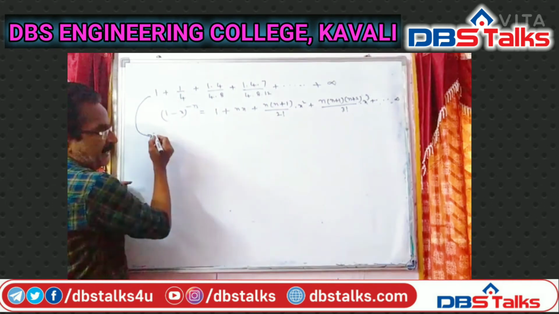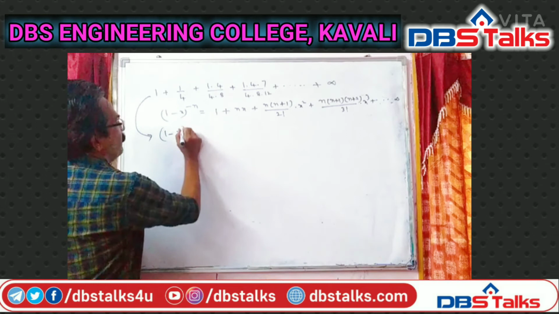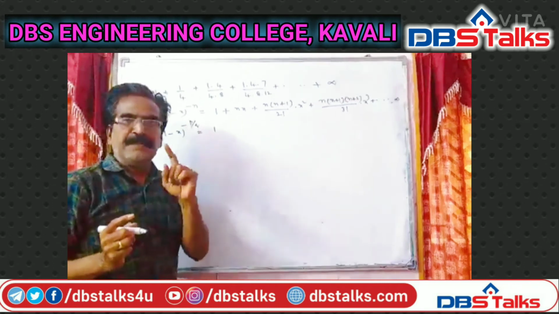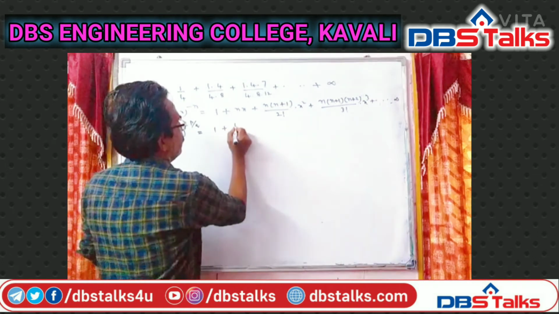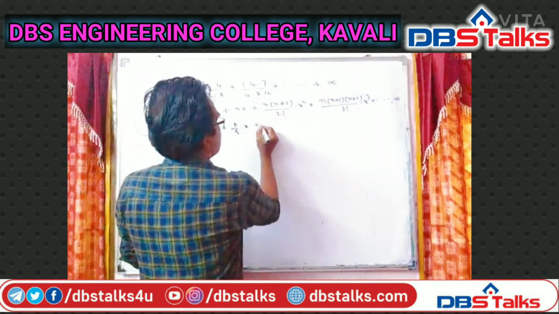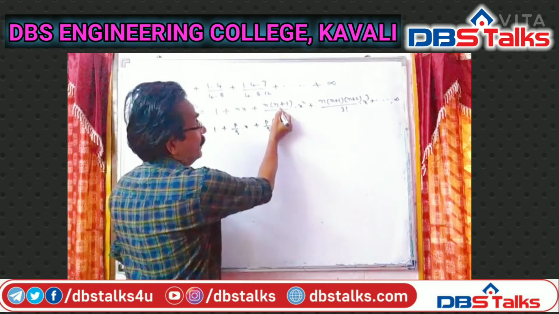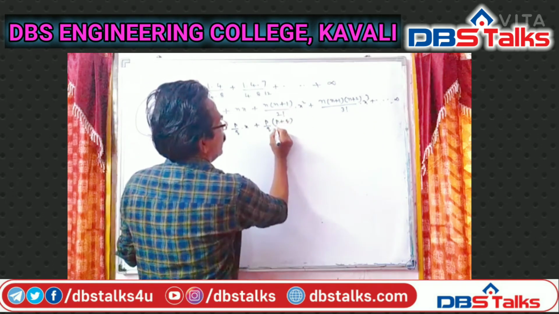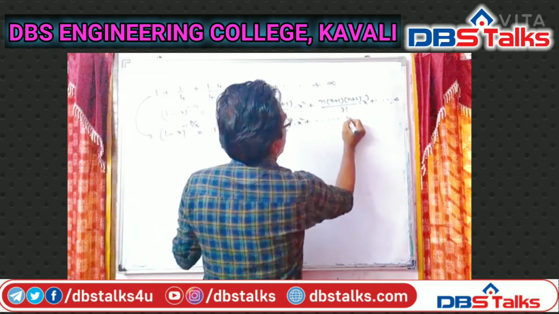So here I should write the expression for 1 minus x whole power minus p by q also. 1 minus x whole power minus p by q is equal to, let us put p by q in place of n, 1 plus p by q into x plus p by q into p by q plus 1, that is p plus q by q, into x square, plus so on up to infinity.